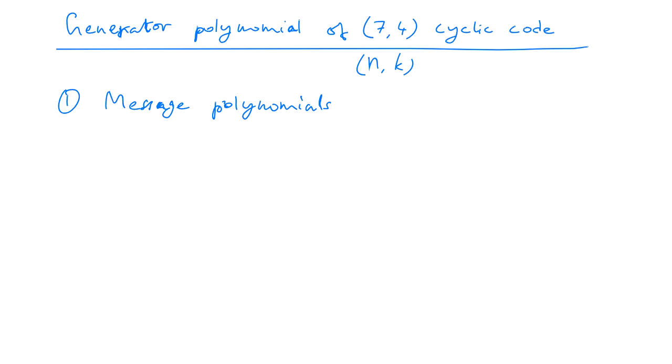The power of the polynomial, the highest value it can have is x to the power 3, that is x to the power 4 minus 1. So message polynomials are of degree 4 minus 1, which is k minus 1, which is 3.